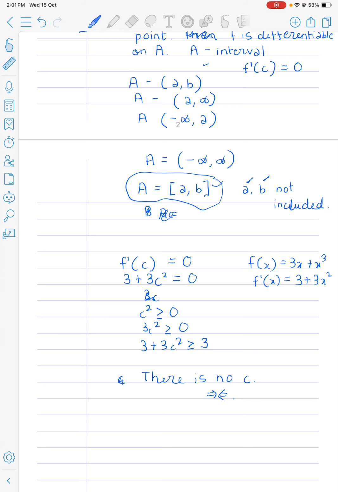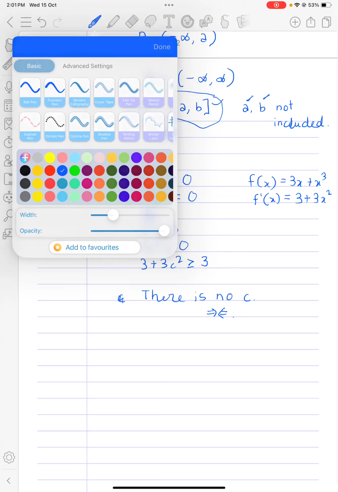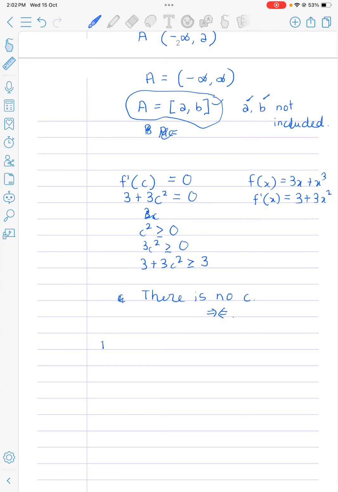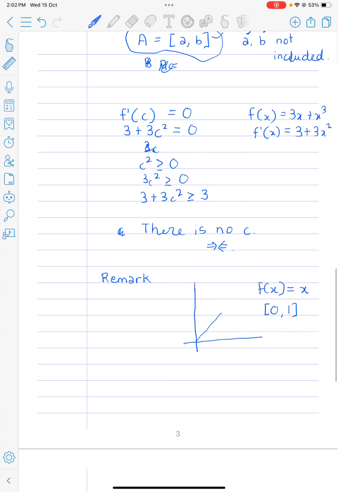So I was going to mention why you cannot take the endpoints. Let's see an example. Just take this example: f(x) is equal to x on [0, 1], meaning f is from [0, 1] to R. This is your domain.